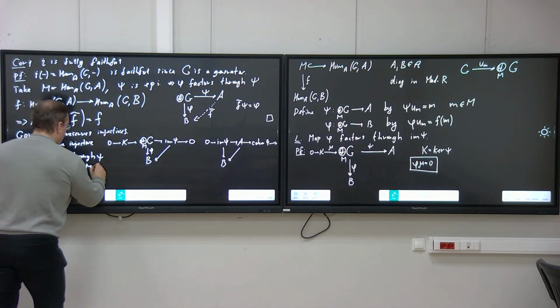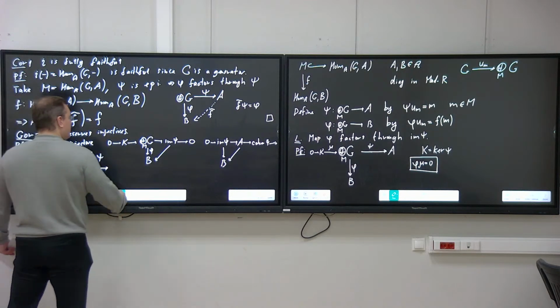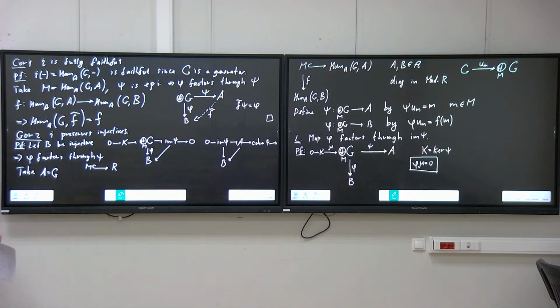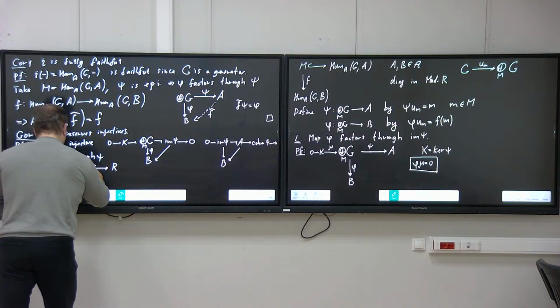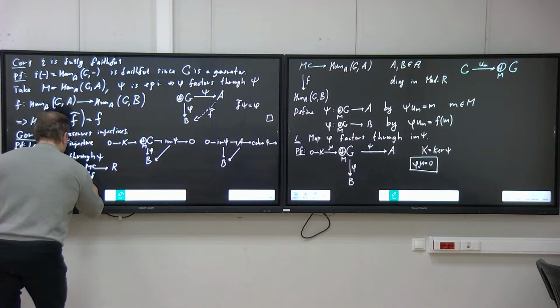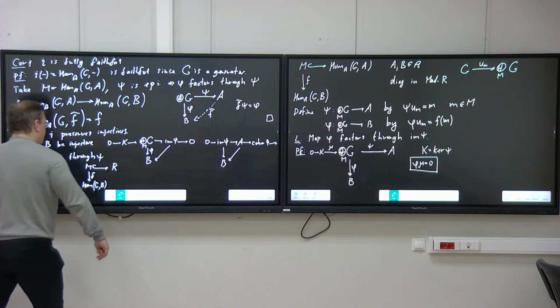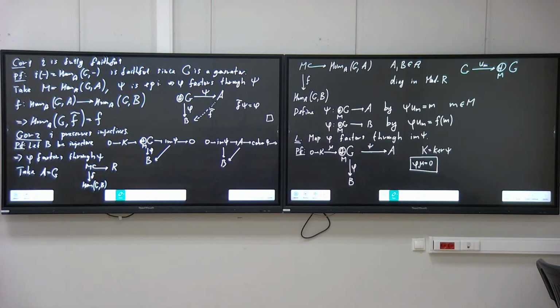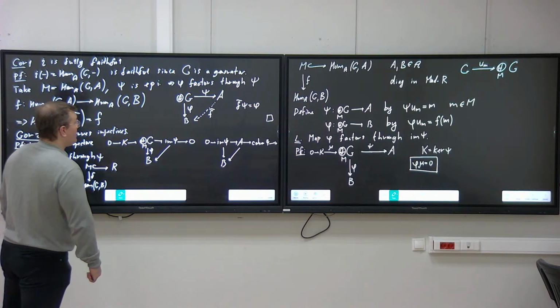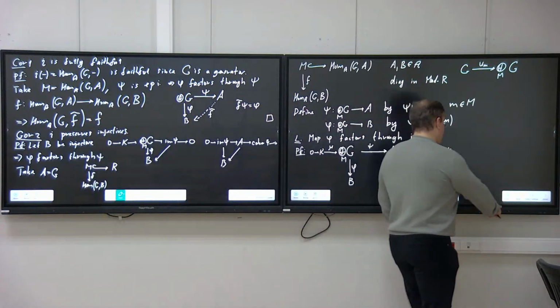I have M, which is a submodule in the Hom from G to G, but this is just the ring R. So in this case, M is just a right ideal, and there is a map f to the Hom from G to I of B. In other words, the functor I applied to B. Maybe I'll finally erase this part.